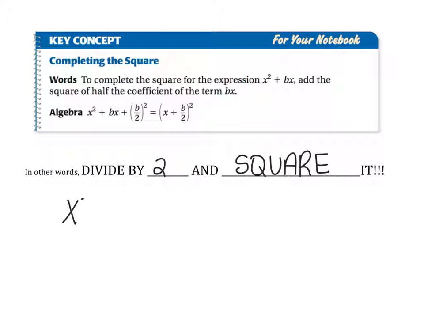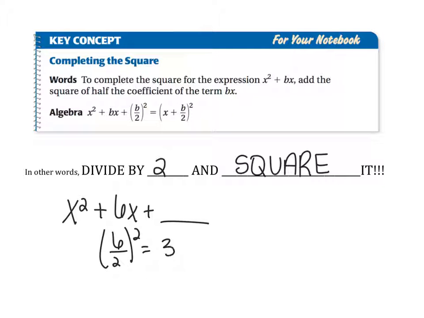So here's an example. If I had x squared plus 6x, and I want to figure out what I would add to that to make it a perfect square trinomial, I take my b term, I divide it by 2, and I square it. So 6 divided by 2 is 3. 3 squared is 9. So this is now a perfect square trinomial.